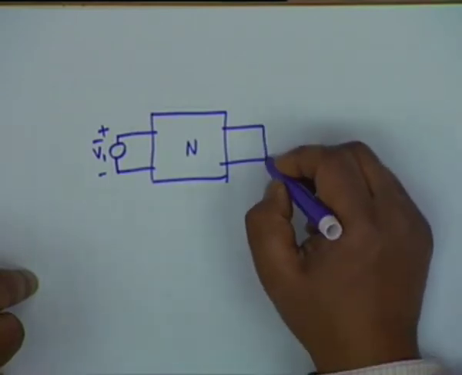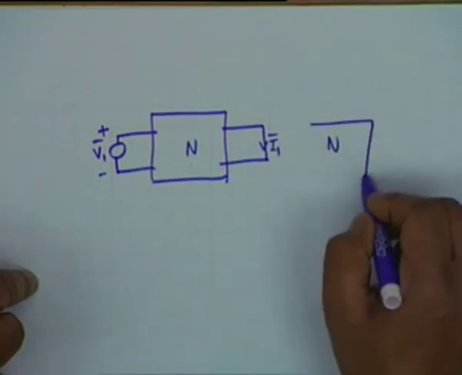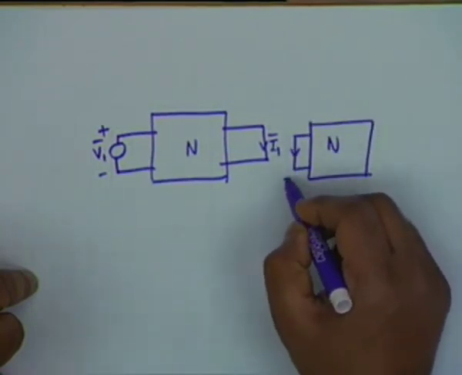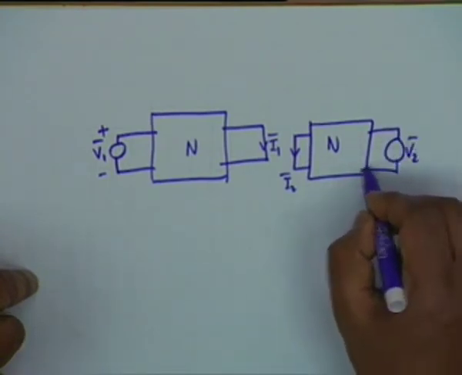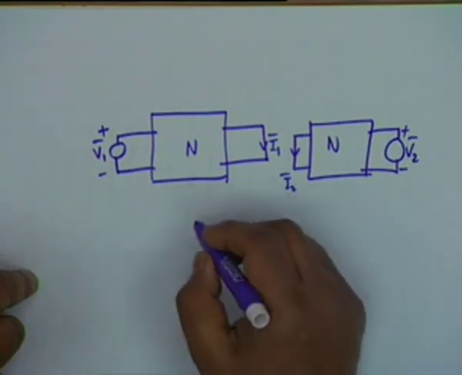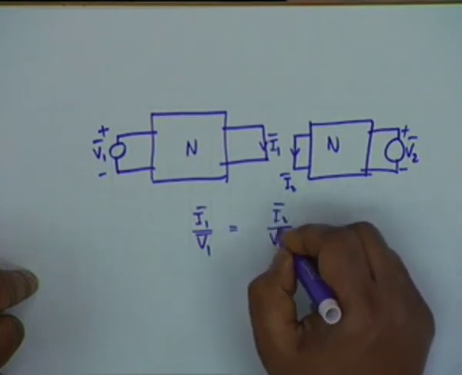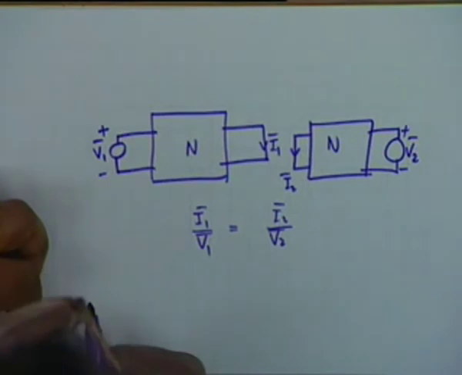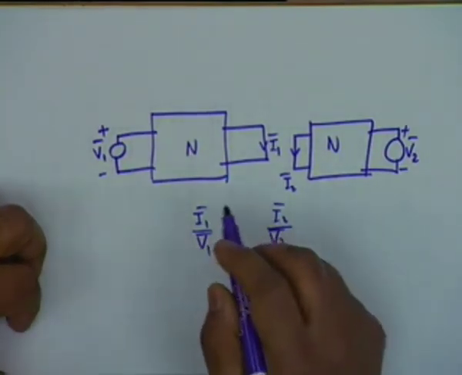If you apply a voltage source here and measure the current, and in the same network you measure the current here due to a voltage source here, while the ratio is the same, that is I1 by V1 is equal to I2 by V2, that is, the transfer admittances are the same, then the network N is reciprocal.